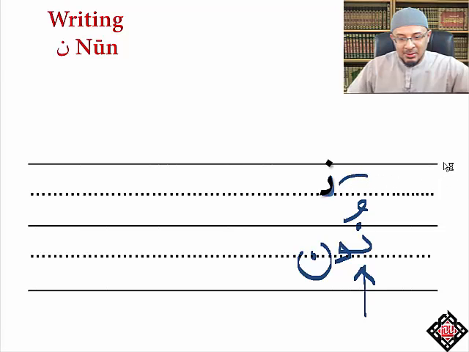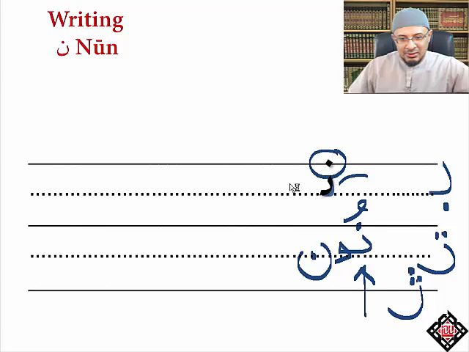Please note this is very similar to the ba, but the ba has a dot underneath. The ta has two dots on top, and the tha has three dots on top.